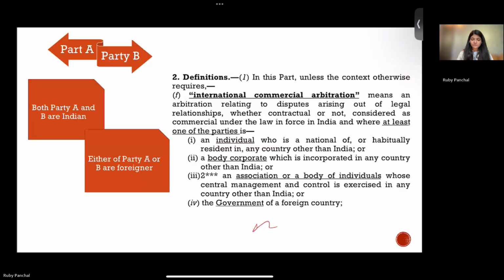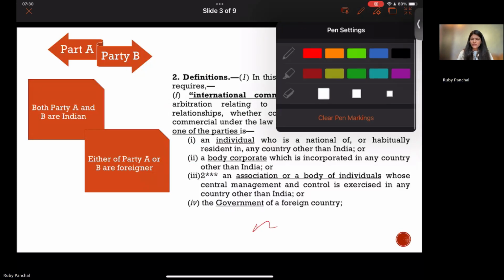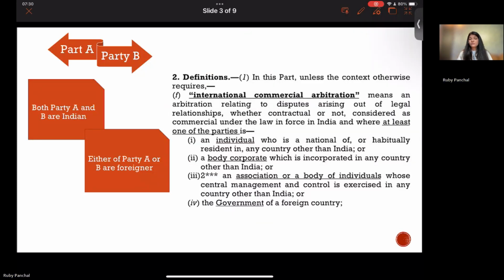Great. So now we read section 2, subsection 1(f). This section 2, of course, provides definitions, and it starts with the qualifier which says, "in this part."